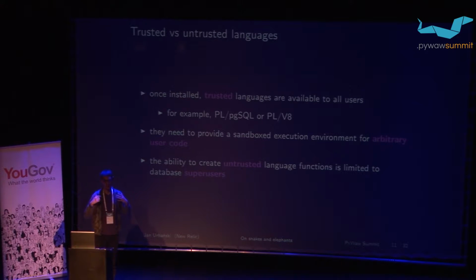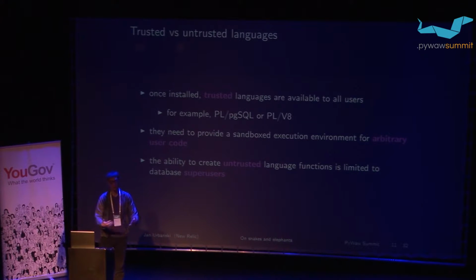If you allow a user to write a PL/pgSQL function, you basically allow the user to execute arbitrary PL/pgSQL code. And that's usually fine. So PLV8 is a trusted language because you can sandbox a V8 JavaScript implementation and lock it down so it's safe to allow users to execute arbitrary code.